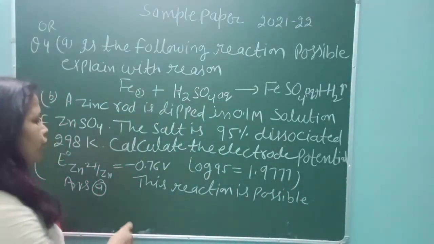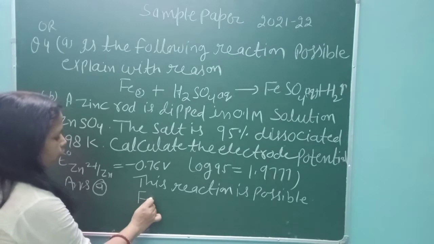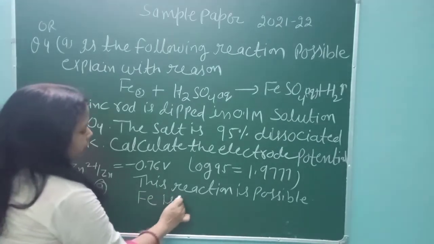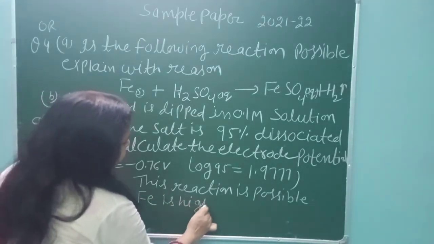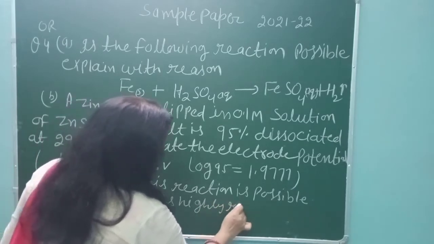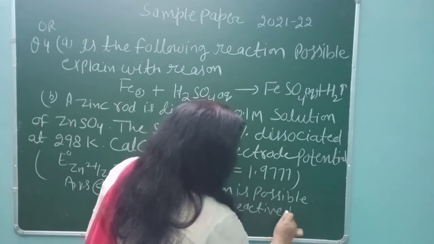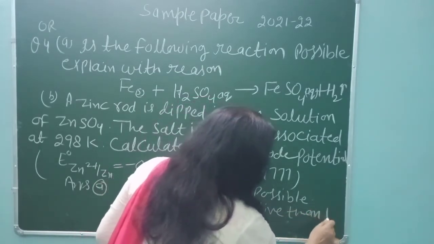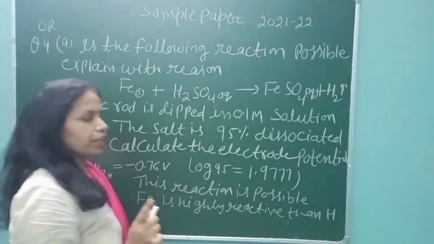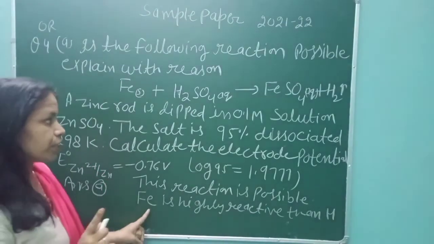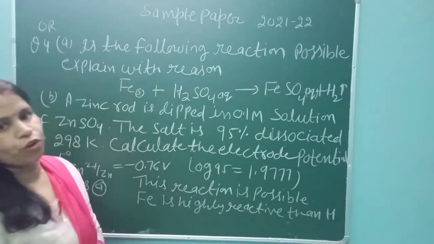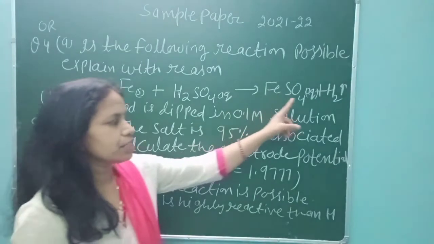Because Fe is highly reactive, more reactive than hydrogen. So Fe replaces hydrogen from the acid, and hydrogen gas is evolved.